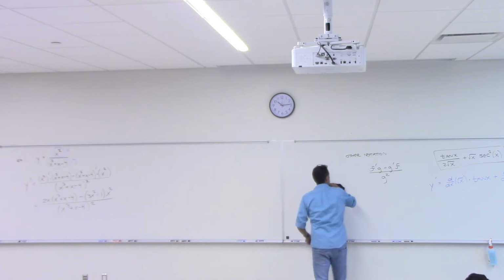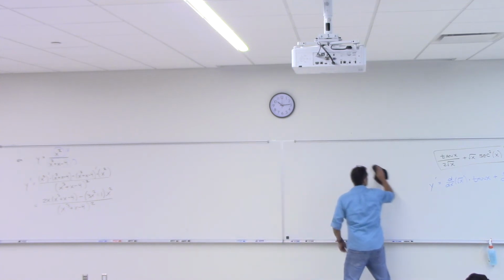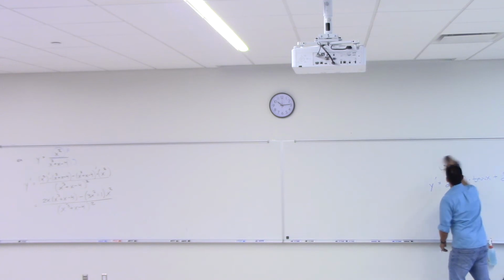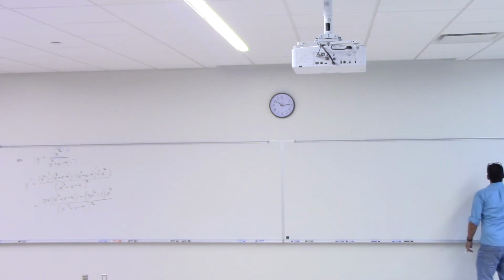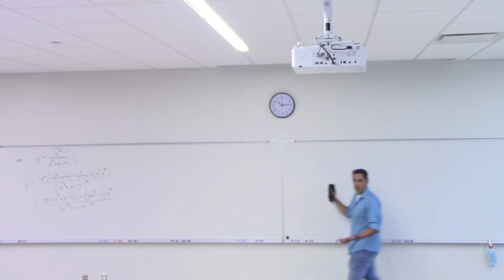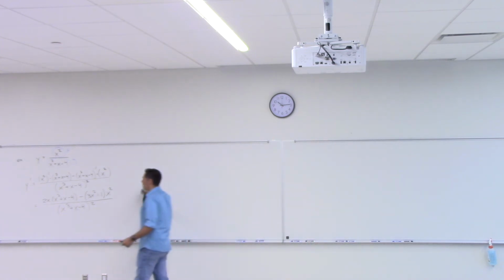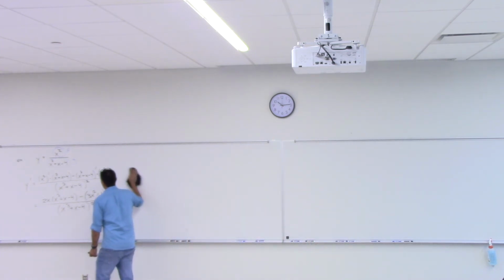This really allows us to take derivatives of lots of things, right? We're kind of opening up the world of functions to ourselves now, because now we should be able to handle any sort of products or quotients.